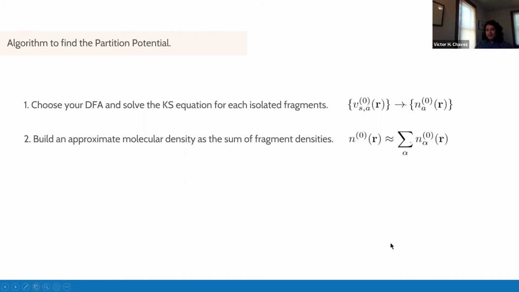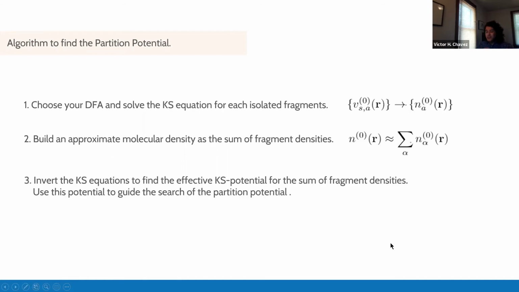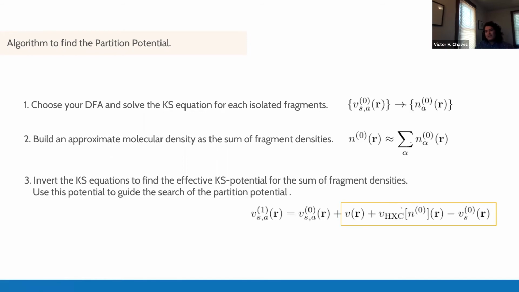So of course, what I have to bring here is an inversion, this is very much related to what Benjamin was talking about in his previous talk. And this is because I want to be able to generate a correction for these external potentials, or this effective potential. And what I can do is compare the previous inverted Kohn-Sham potential with this other term.